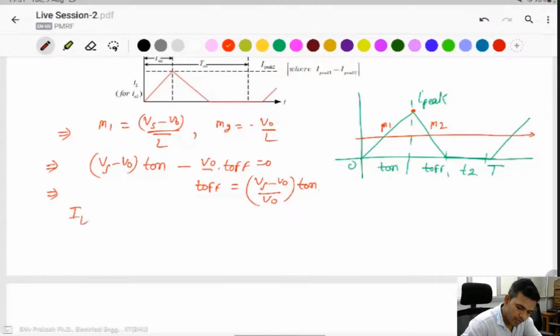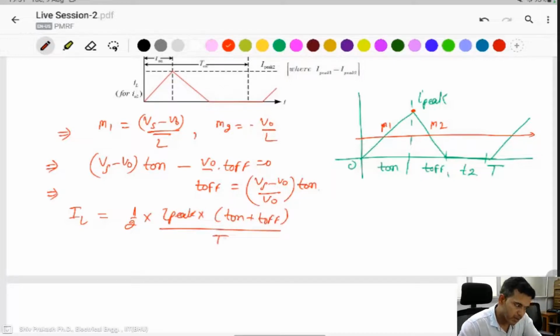Find IL, and apply the triangle area: IL average equals 1 by 2 into I peak into T on plus T off divided by the total time period T. Also for I peak, you apply di_L divided by dt equals Vs minus V naught when the switch is on.